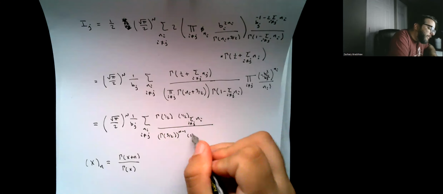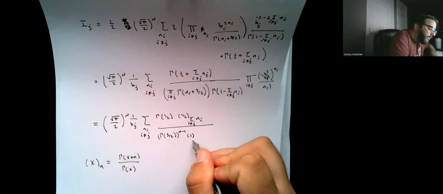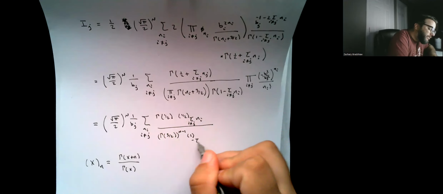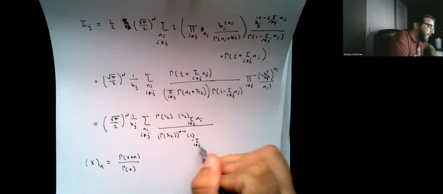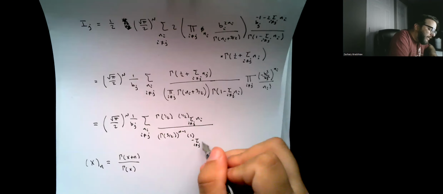We get another Pochhammer symbol of 1 with subscript minus the sum over i not equal to j of ni.